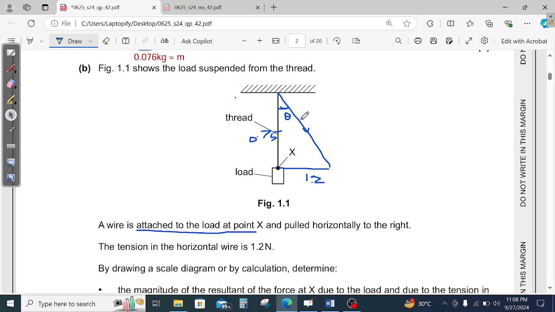Remember one thing more, the side in front of this angle is the altitude, and this one is the base. I will write here b. You have to find the value of this resultant, so you can solve it by using the Pythagoras theorem. Okay, so look on the word file.